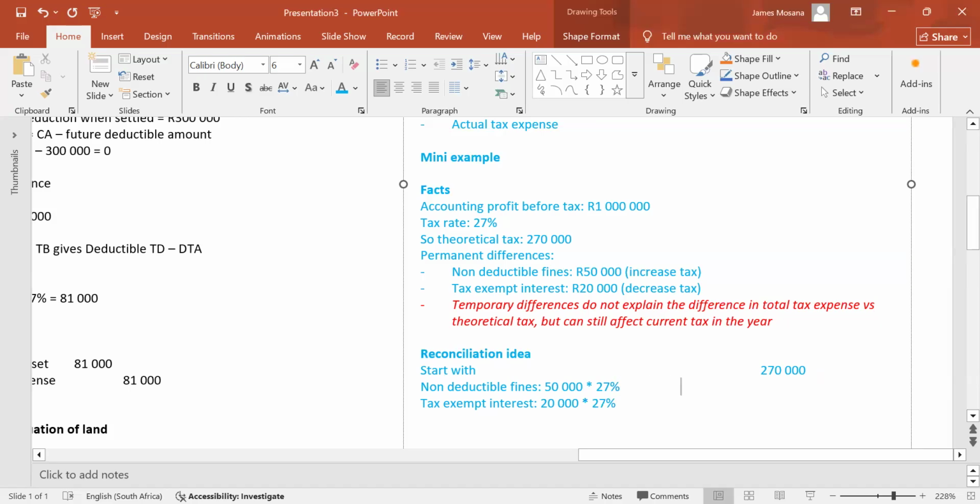What amounts are you getting in the chat box? I get 13,500 and 5,400. I mean 13,500 and 5,400.